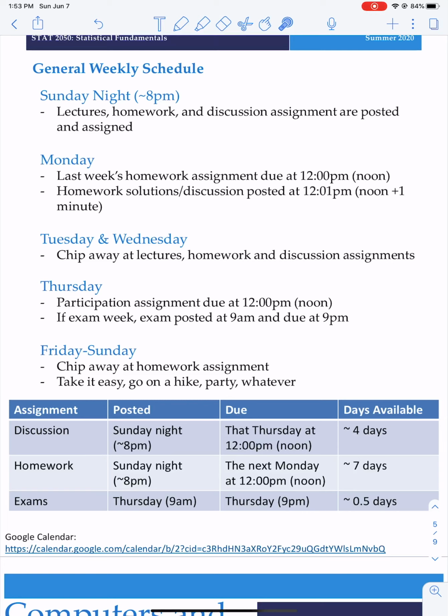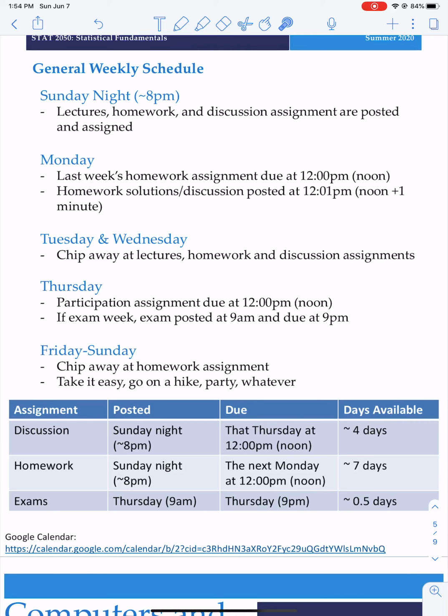And then if it's an exam week, which we'll have about every 3 to 4 weeks, thereabout, that exam will be posted on Thursday. Okay.